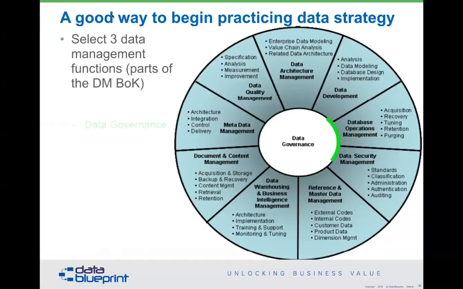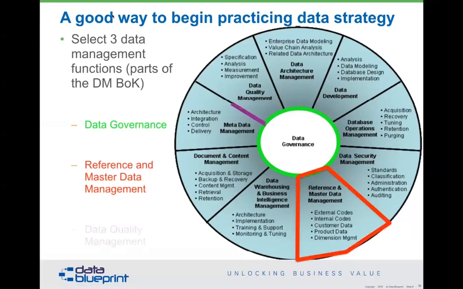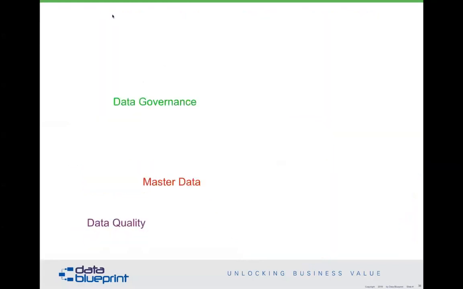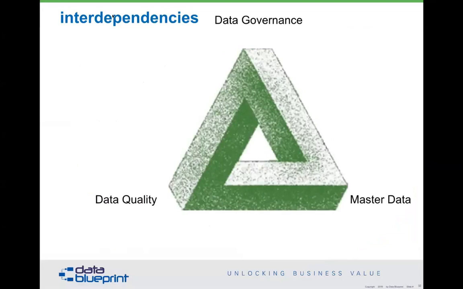I'm going to put that slide back up there again. Because the key is we've almost never seen reference data work without accompanying data governance and data quality components, because these 3 are interdependent. So again, advice here, if somebody is doing master data without also considering governance and quality at the same time, it's going to be a problem.